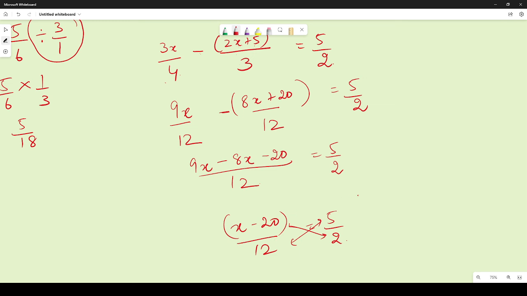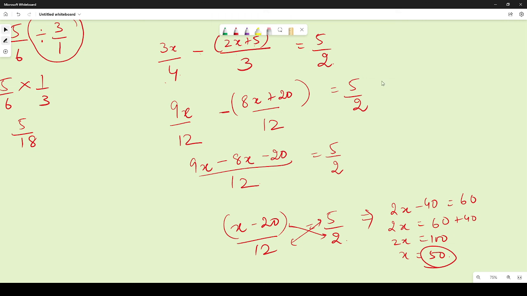So it leads to 2x minus 40 equals to 60. So you have 2x equals to 60. When you're changing sides, the sign changes. So 2x equals to 100, x equals to 50. So that would be your solution.